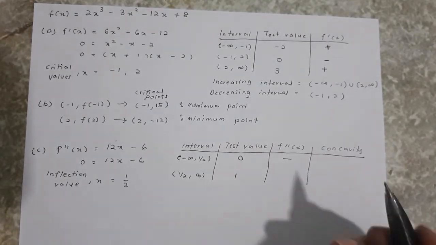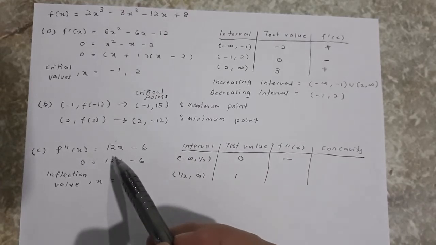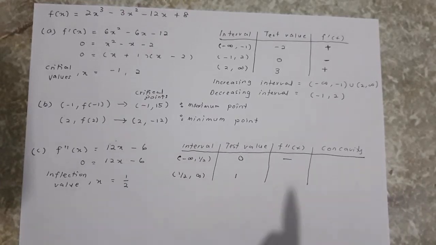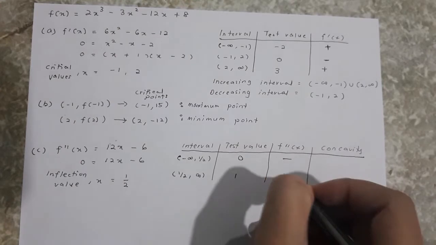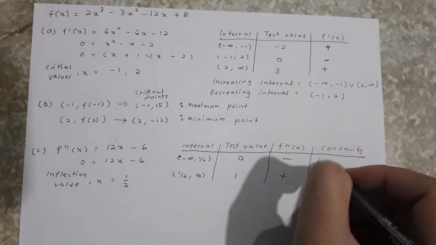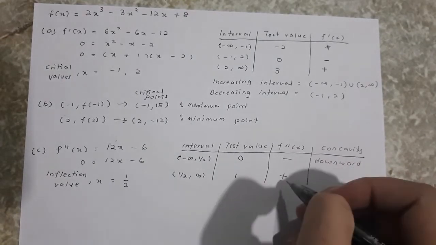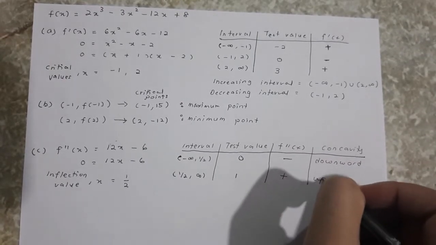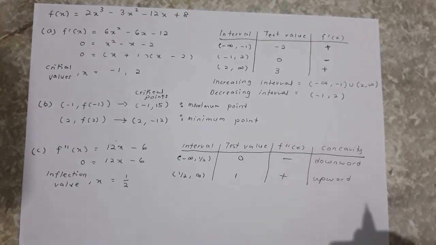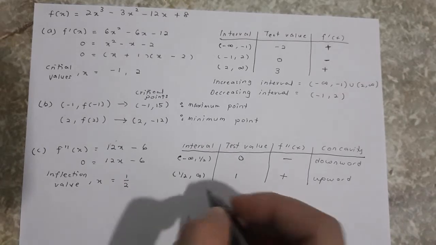So, negative. Substitute 1 into the second derivative, we get a positive answer. Negative is for concave downward, positive for concave upward. Or we can make a conclusion.